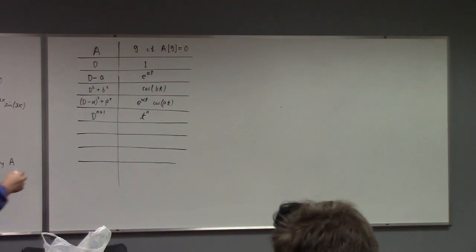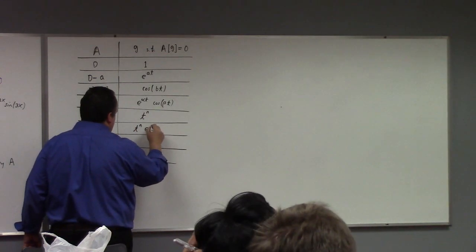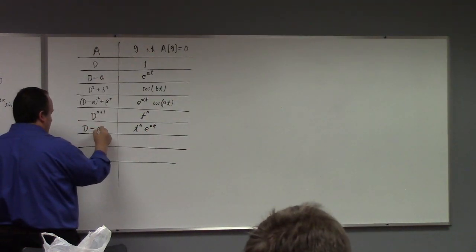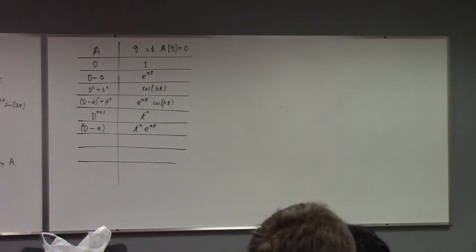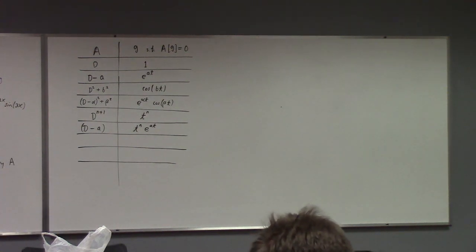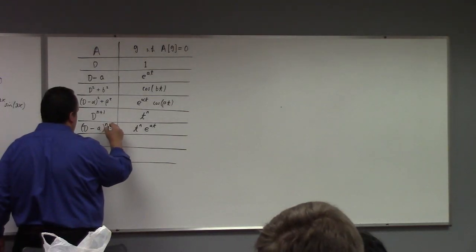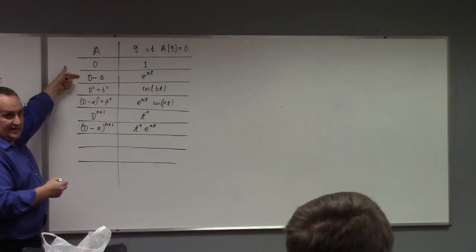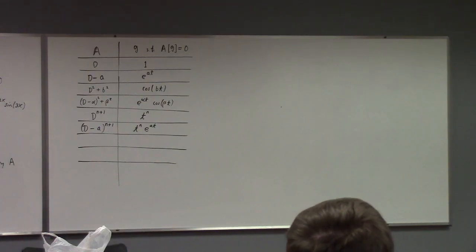Let's see here, what else? If I have t to the power n times e to the at, what do I do? I do D minus a to the what power? n plus 1. You can see the example up here as the n equals 0 case for that one.